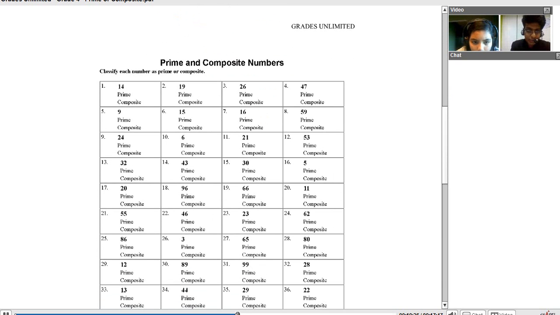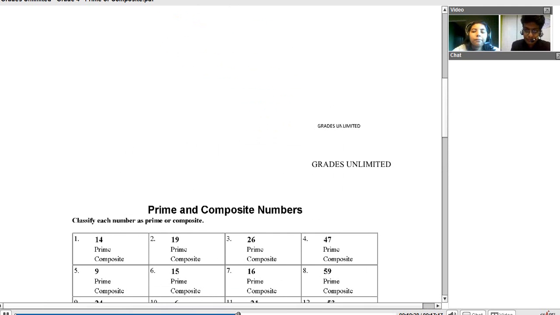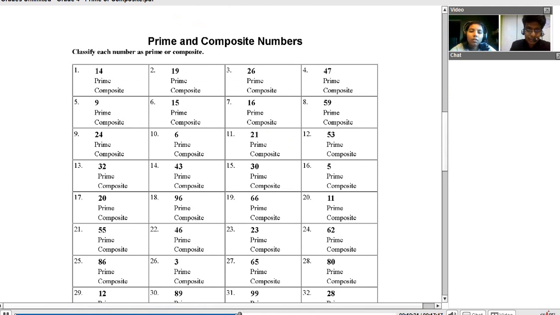So is the worksheet clear to you? Let's see. How about trying the first one? You need to put a tick mark in front of the right answer in each of these questions. Very good. Perfect. Wow, you're doing a good job, Priya.